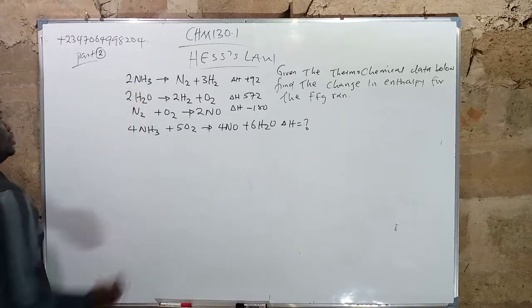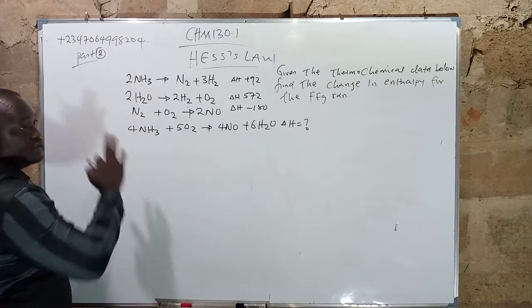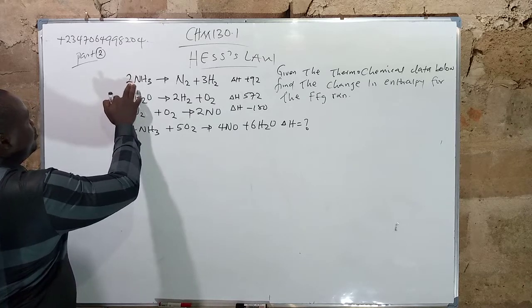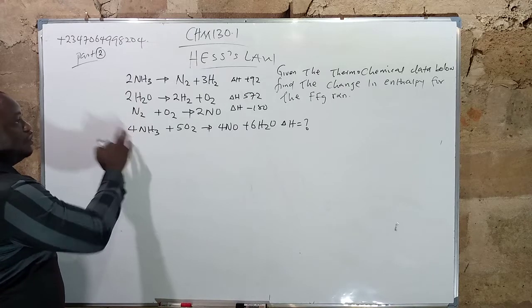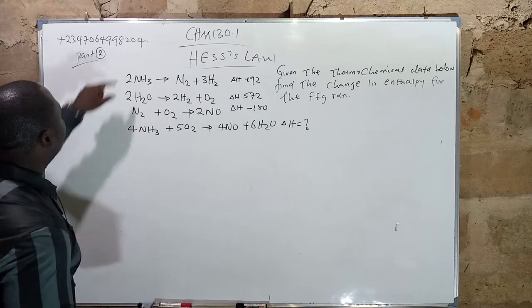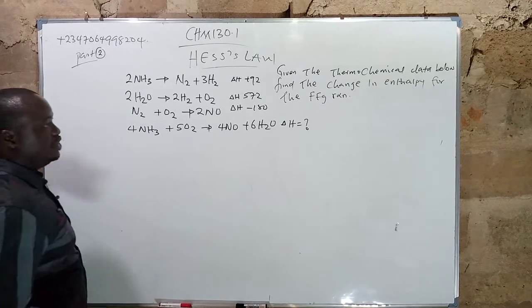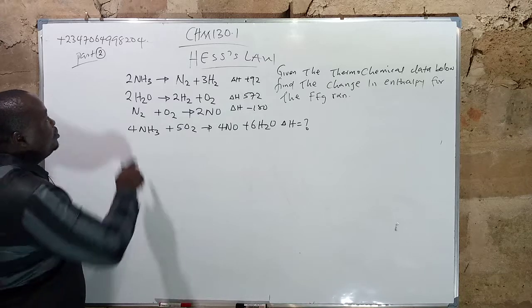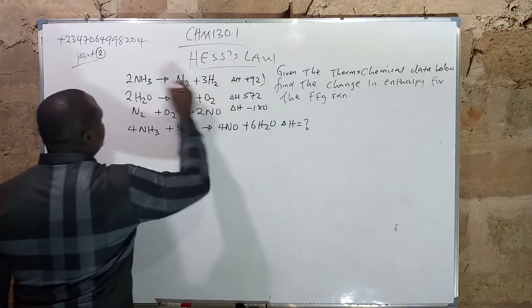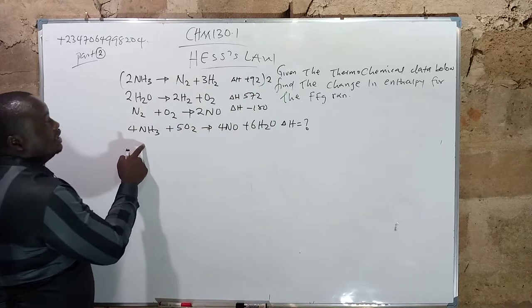Now let's start from equation 1. In equation 1, we have ammonia here. We have ammonia here, so it's okay. But then the number of moles here is 2 and here is 4. Remember, we want to make this look exactly as this. So of course you already know what we have to do. We have to multiply this first equation by 2 so that it looks exactly like this.